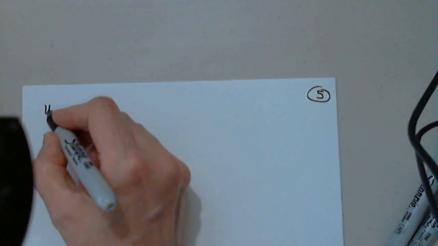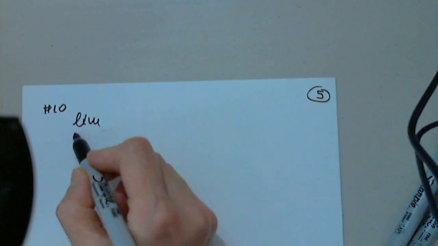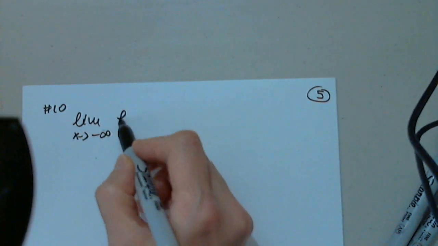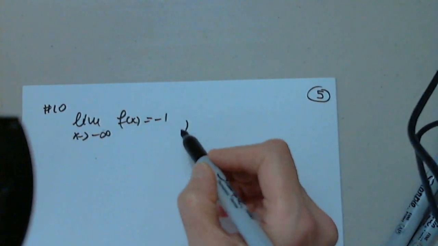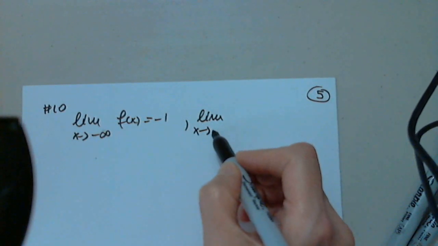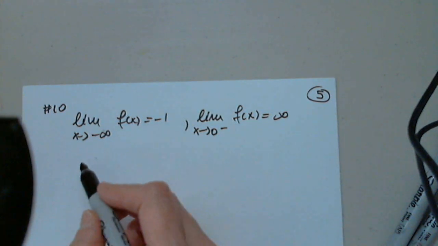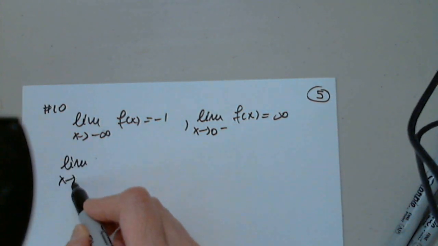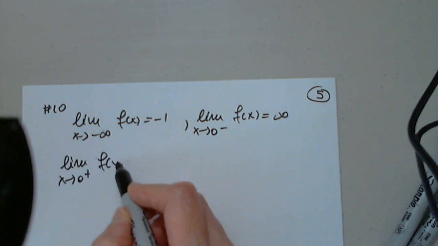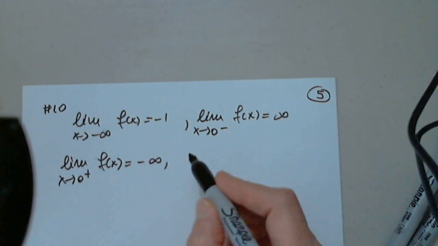We had a similar example last week in a different situation. So we have limit as x approaches negative infinity of f of x equals -1. Limit as x approaches 0 from the left of f of x is infinity. Limit as x approaches 0 from the right of f of x is negative infinity.